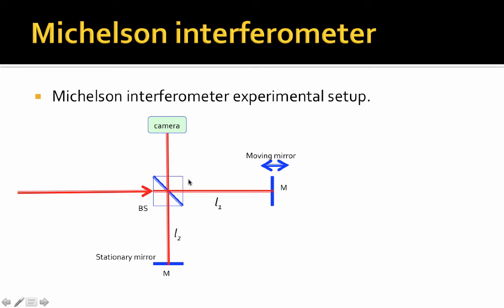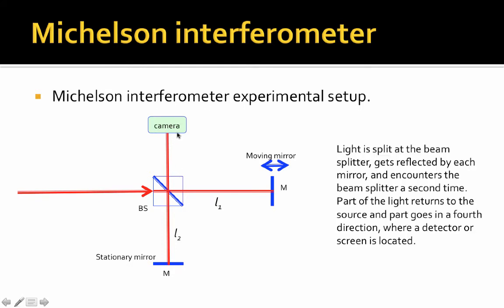It's on a translation stage. And then the combined light, in other words, this beam comes back, goes to the camera. This beam comes back to the beam splitter, also reflects off and goes to the camera. The combined light is imaged on a camera. So this gives you a little description of what's happening at the beam splitter and how it's recombined.